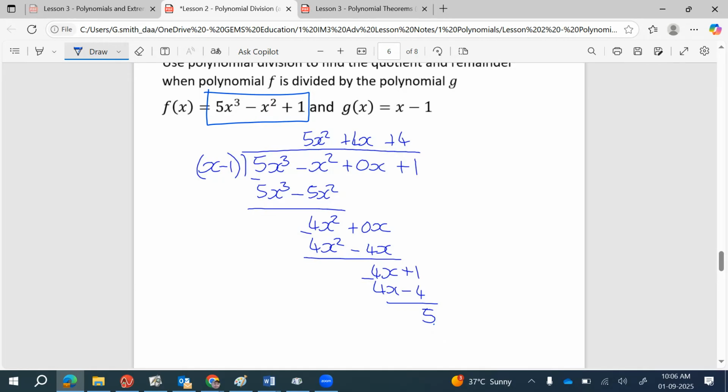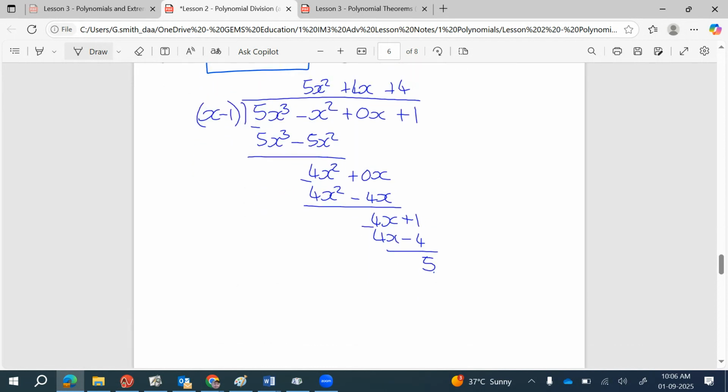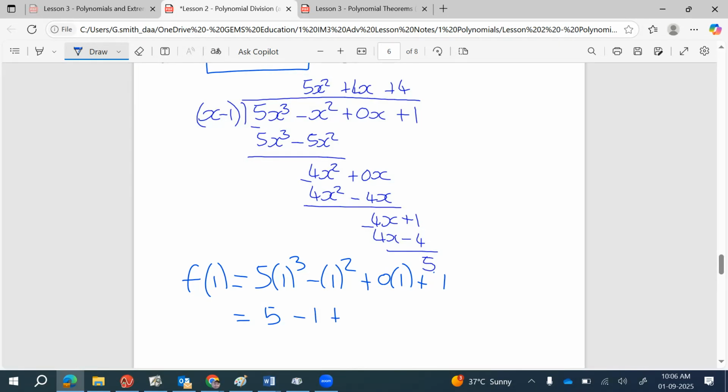Let's try it. f of 1: 1 cubed minus 1 squared plus 0 times 1 plus 1. That is going to give us 5 minus 1 plus 0 plus 1, which gives us 5. f of 1 is 5.